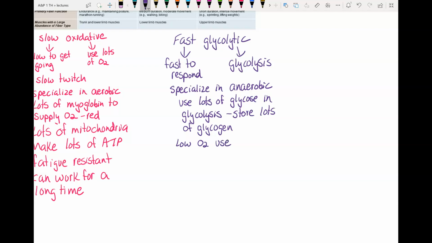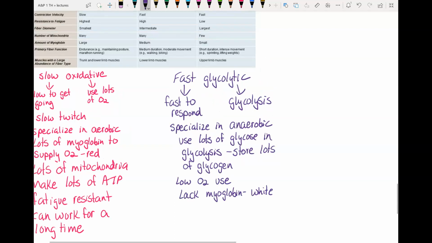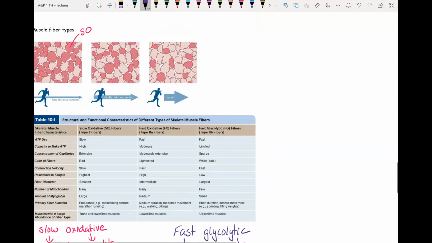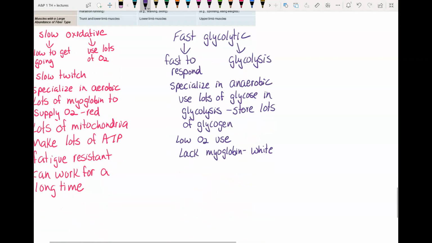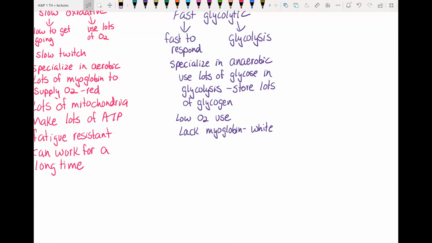So since they don't need very much oxygen, they lack myoglobin. So this gives them a white color because of the lack of myoglobin. And you can see up here, these lighter colored ones would be the fast glycolytic. Also, since they're not using oxygen, they don't have much use for mitochondria because mitochondria is the part that uses oxygen.